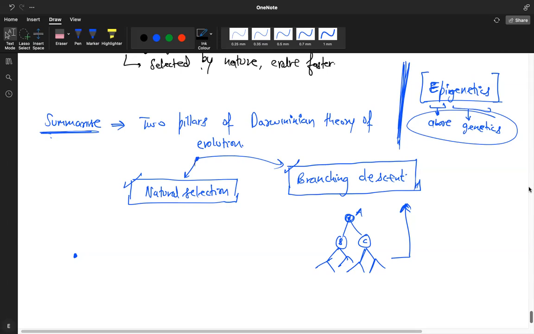Now, Lamarck said that giraffes have very long necks. Taking giraffes as an example, they didn't have a long neck before they evolved to have a long neck, which was true. The ancestors of giraffe were just like horse. How long is a horse's neck? Not very long, right?